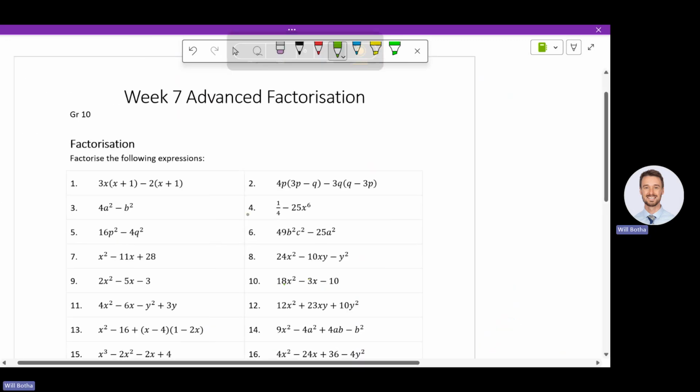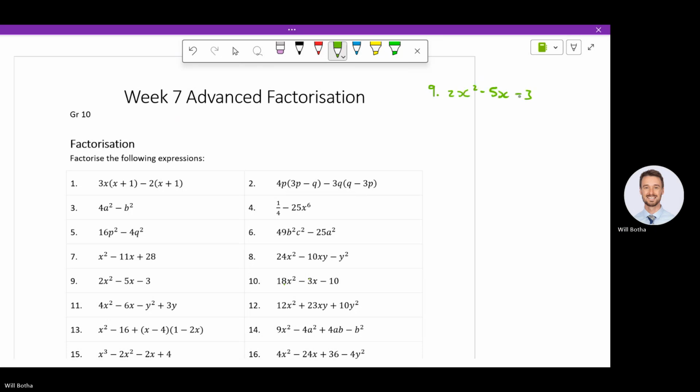Great stuff. I'm going to look at 9. If you're doing 9, you can do it with me. Right, 9's not that bad of a trinomial, because I have prime numbers like 2, which doesn't have any options, and 3 and 1. We can test this real quick to see if this might work. I know this will work, and the reason is because the last term is negative.